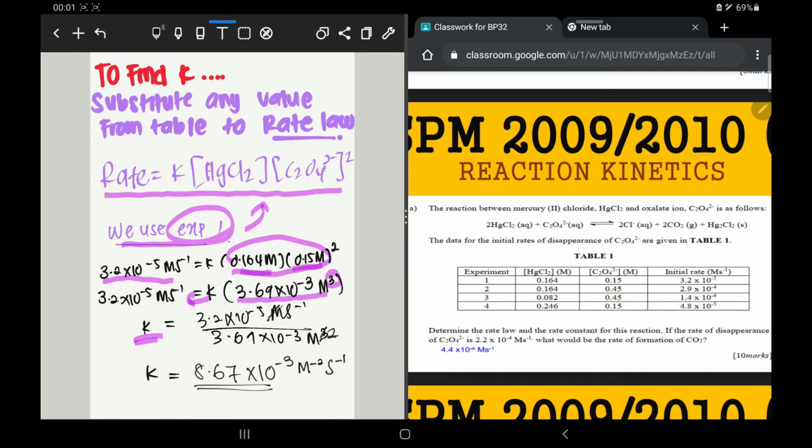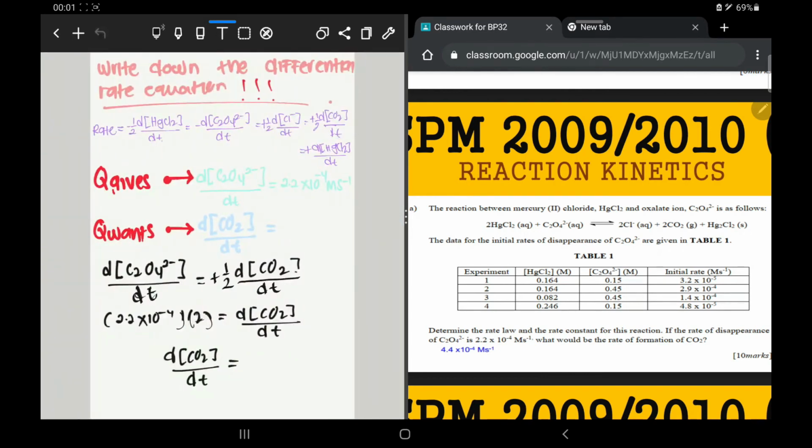Now we have already done the first step, finding the rate law, and the second, finding the rate constant. Now we will be able to find the rate of formation of CO2. First thing first, you need to write down the differential rate equation for the given equation. From the balanced equation given, you should be able to write down the differential equation.